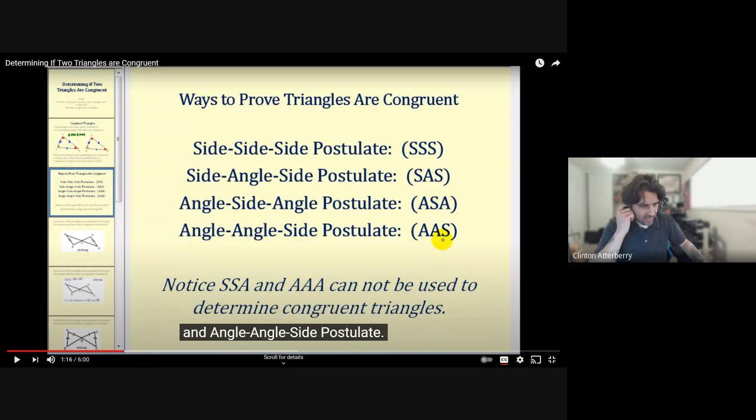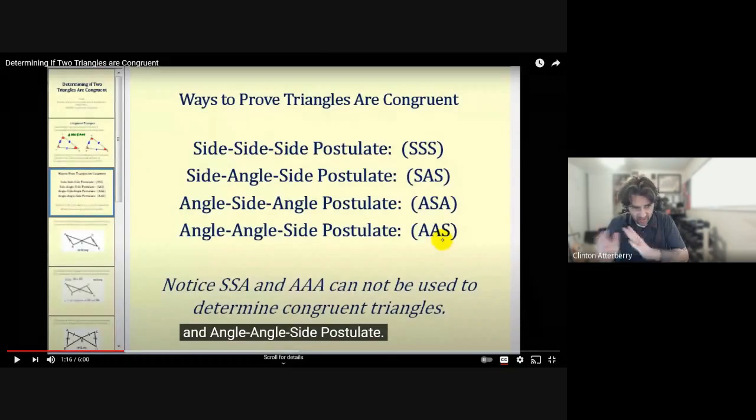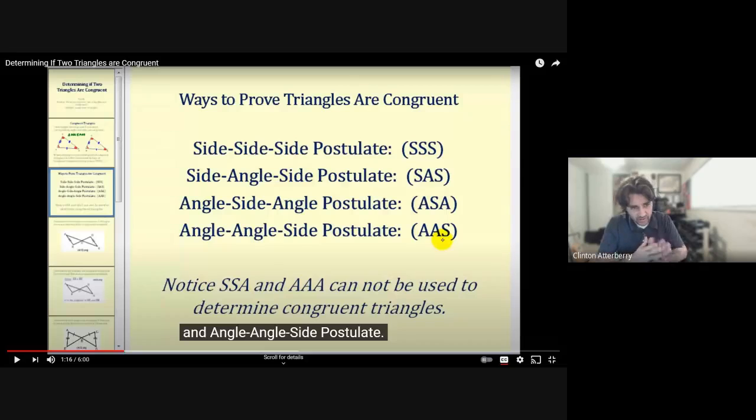So he's about to talk about SSA and AAA. Just so you guys know, just because there are some congruent parts to triangles, and different shapes and so on, does not mean that they're necessarily both the same. With angle, angle, angle, you can have two different size triangles, right?